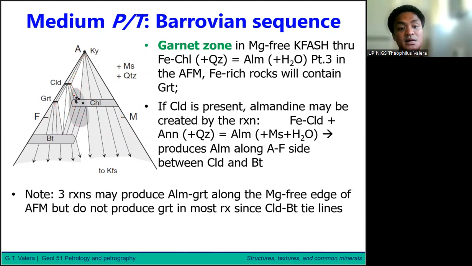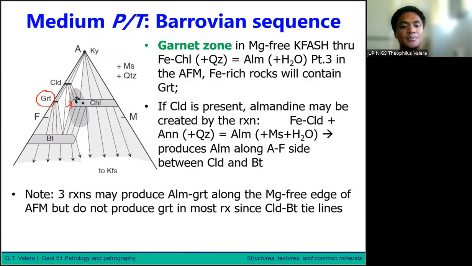What it tells us is that at this PT, garnet is actually stable. Okay, you can see here garnet is already included in the chemographic diagram, so it's already stable. Pero since you have this chloritoid-biotite tie line, wala kang makikitang garnet in any of the rocks.